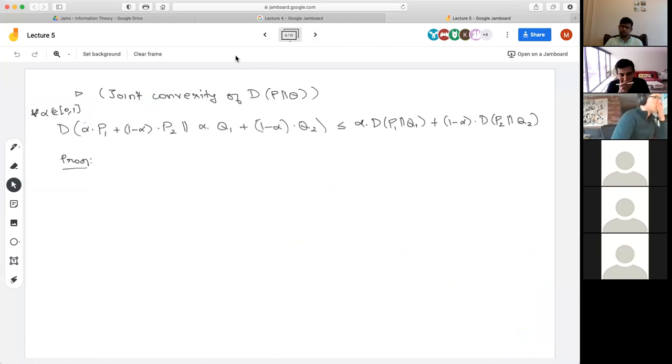Okay, before we go to applications of this, let me mention one more property which I forgot to mention last time, which is the joint convexity of KL divergence. It's convex in P and Q, but it's also convex in the tuple P and Q together. So think of a pair of distributions P1, Q1, and a pair of distributions P2, Q2, and now consider a convex combination, 1/3 P1 plus 2/3 P2 and 1/3 Q1 plus 2/3 Q2.